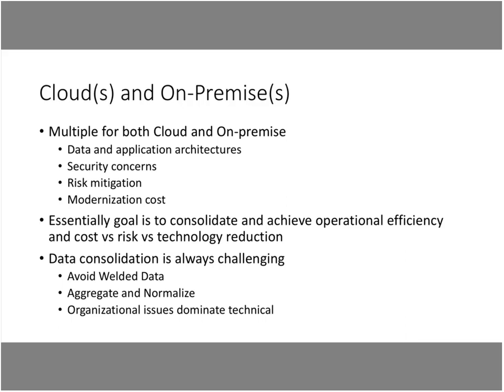And what we're really looking for here is to consolidate and achieve operational efficiency. But that has to be done with an understanding of what the relative trade-offs are as you go from your cost function to your risk, and then to the desire to reduce the technology footprint or the distribution of technology.